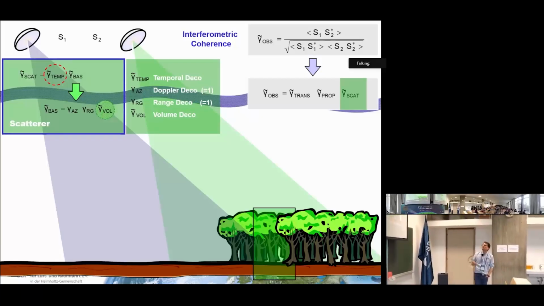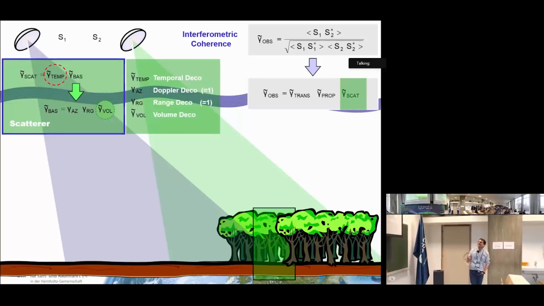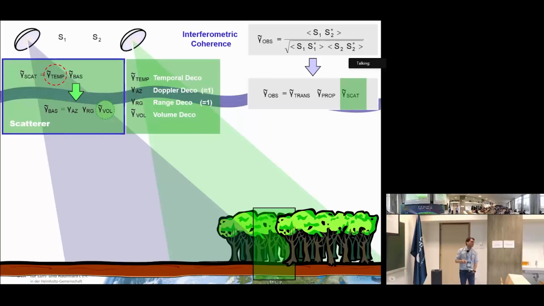It is not so important to know what they are, but of course they can become more or less dominant depending on the system characteristics. What is important is that in these decorrelation terms that depend on the baseline, this is where you have the volumetric decorrelation. In principle, once you isolate this term, you still have to make sure that you compensate for it.